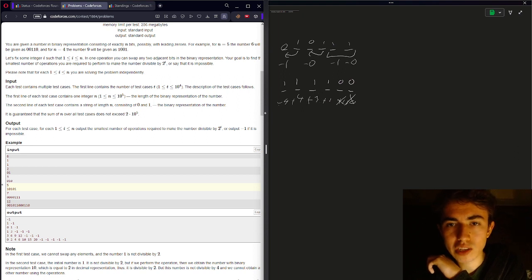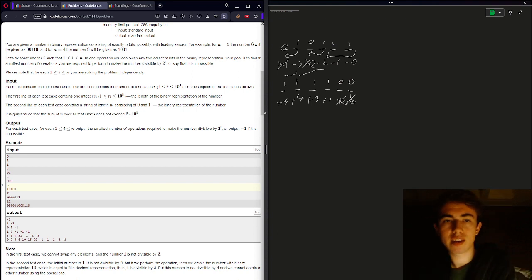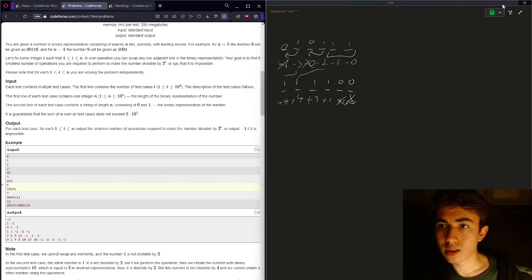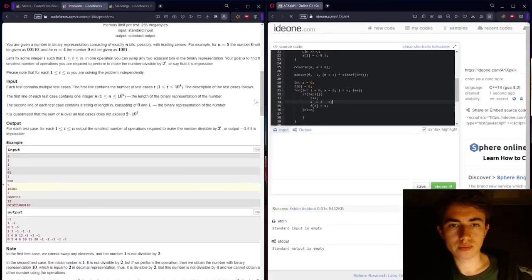So minus 0, minus 1, minus 2, minus 3. And now you can see these are getting rid of these values, and the rest of them are computing the distances between where the 1 is and where we want it to be, which is equivalent to how many swaps we need to move that 1 to where it should go. Okay, sure.